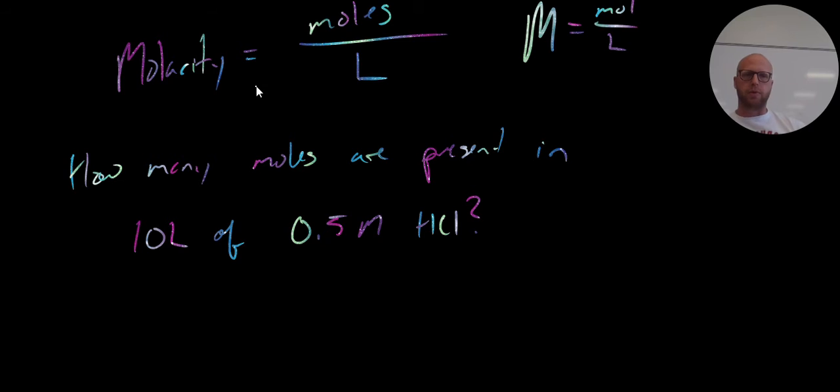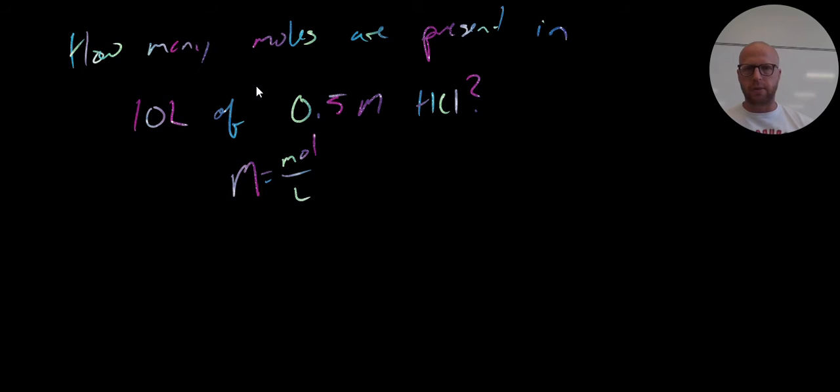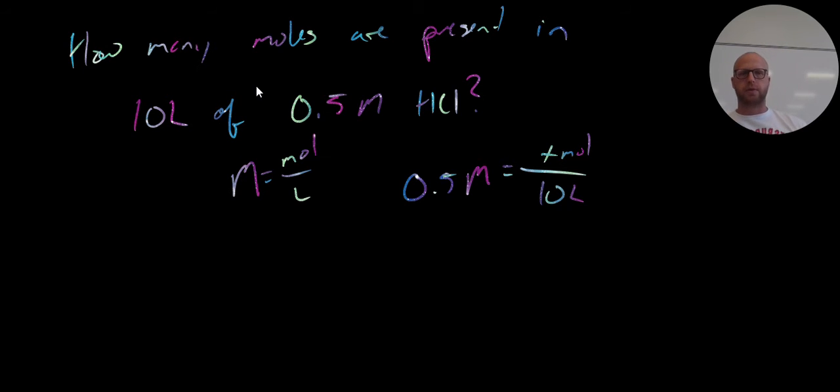So let's go back. Well, our units tell us the answer. So if we look up here, if I know molarity and one of these other two values, I can find the other one, right? If I've got 3 variables, if I know two, I can always find the other one out. So let's just set that up. So molarity is equal to moles over liters. Okay, and let's plug in what we know. I have 0.5 molar is equal to X moles divided by 10 liters.